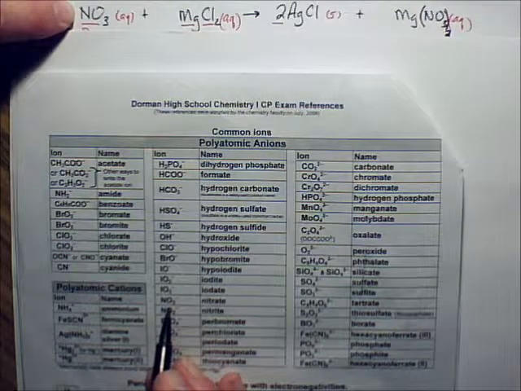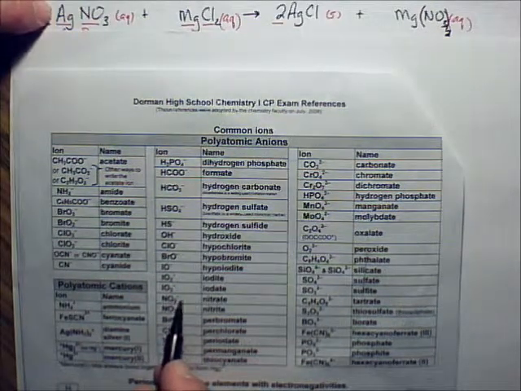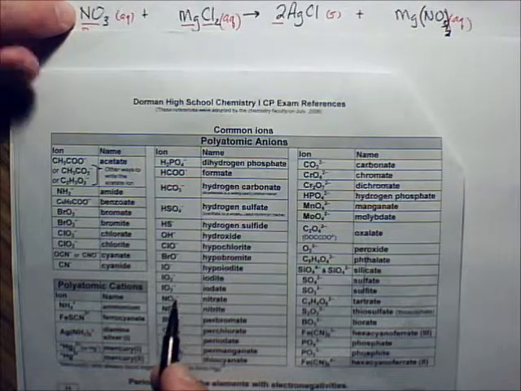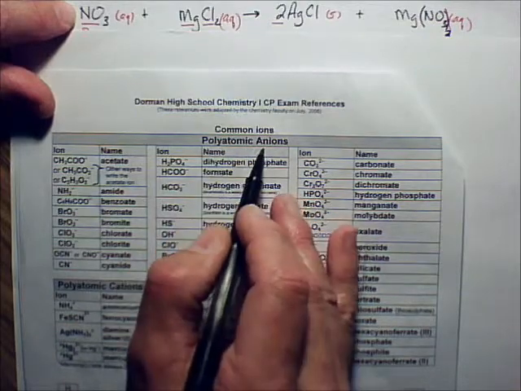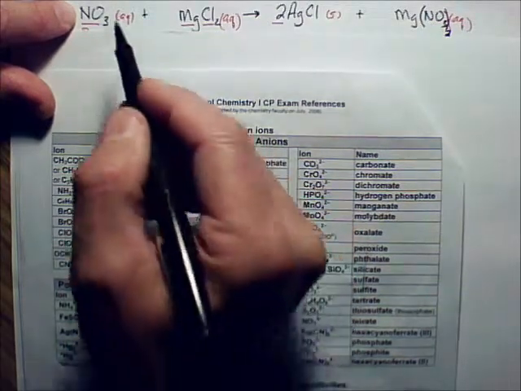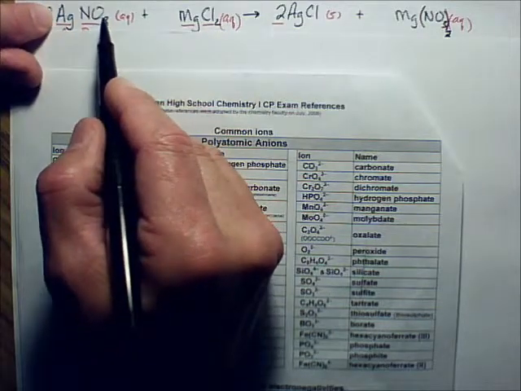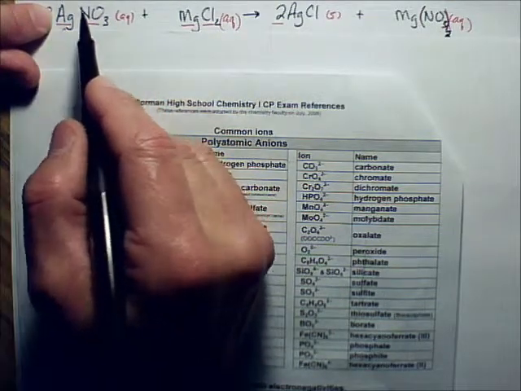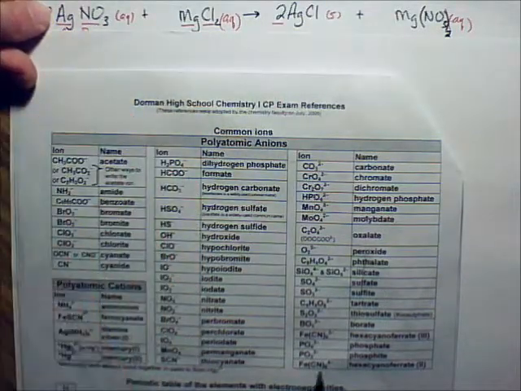That makes sense? So, this is a charged particle and a charged particle. They're going to neutralize each other. This is a polyatomic ion. Look where it says polyatomic anions here, okay? That means that the formula is a formula for an ionic compound. If there's a polyatomic ion in there, this must be an ionic compound.